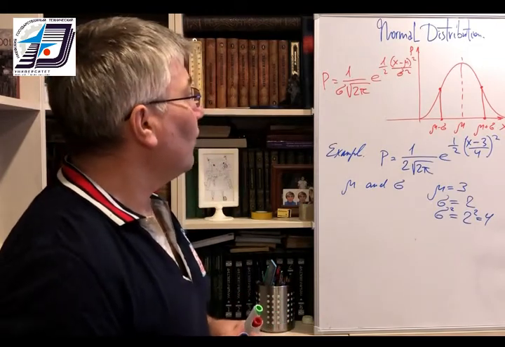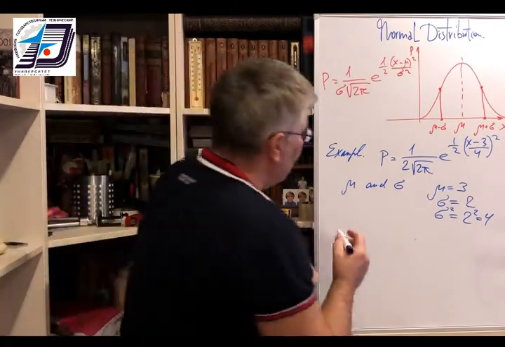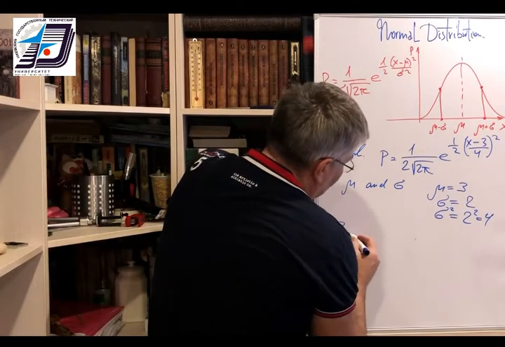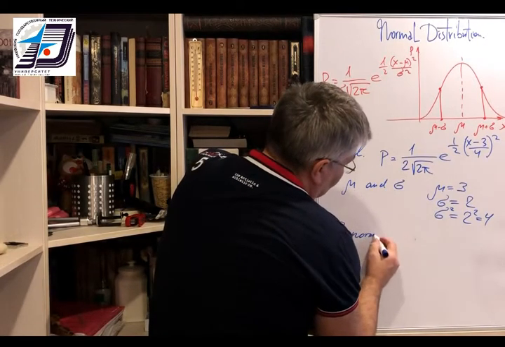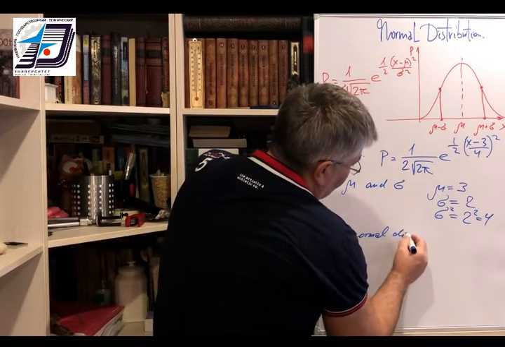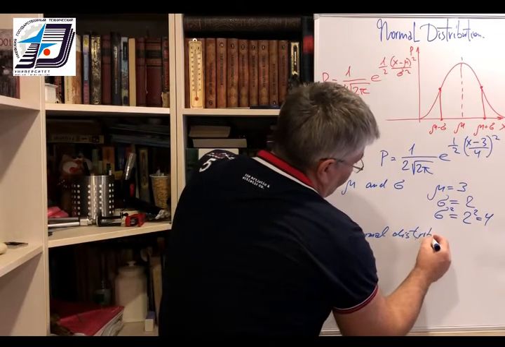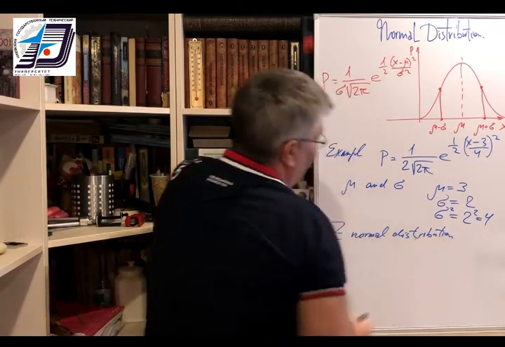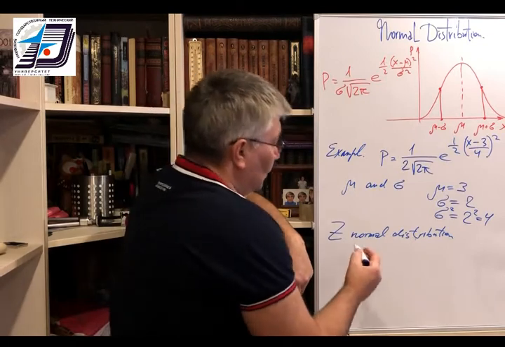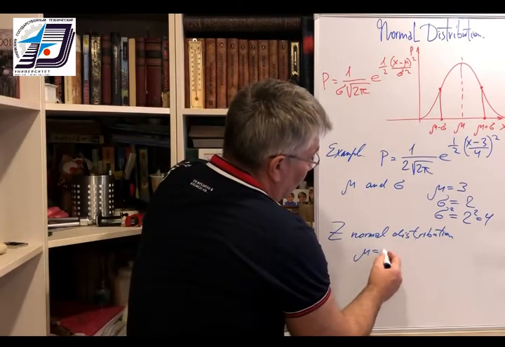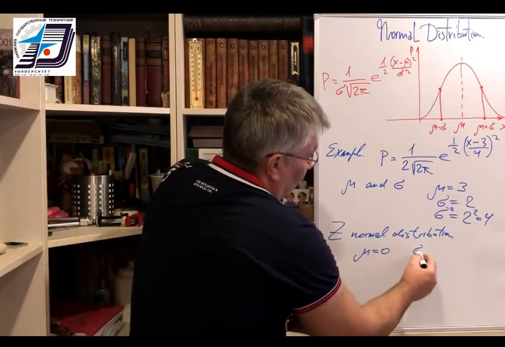Very often you can face the z distribution, the standard normal distribution, where mu equals 0 and sigma equals 1.